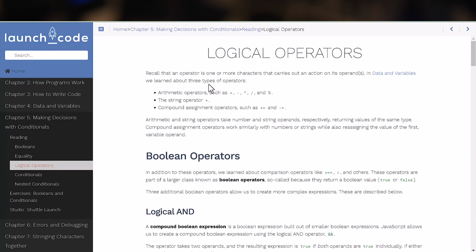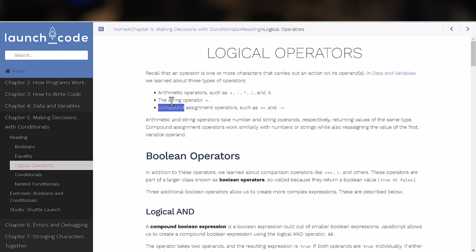Logical operators. Recall that an operator is one or more characters that carries out an action on an operand. Remember what an operand is? What it says: the operator is one or more characters. Remember that.